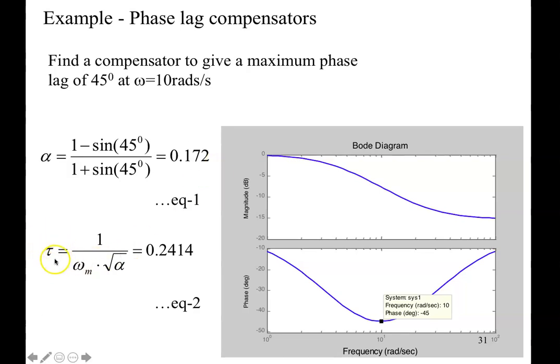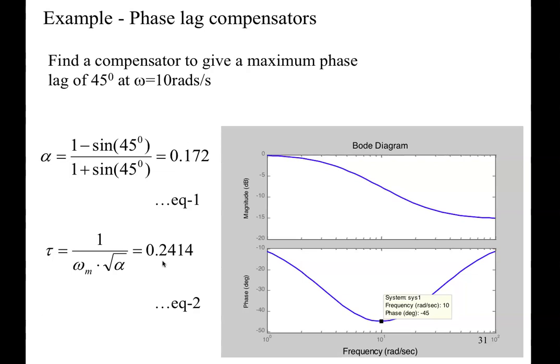To work out the tau value, you apply the second equation, where you use the alpha value from the first calculation and the frequency where you want the negative phase angle to be. That will give you alpha tau a value of 0.2414. So the calculation itself is quite straightforward, but it is the application of phase lag that matters.